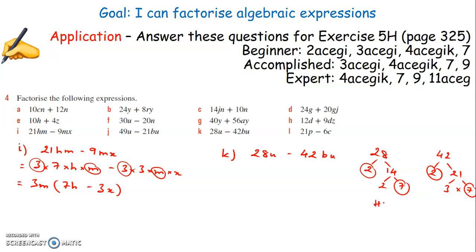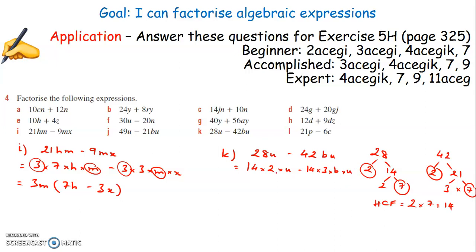So the highest common factor is 2 times 7, which is 14. So let's rewrite this. Now 28 is 14 times 2, and then times u, minus 42, that's 14 times 3, and then times b times u.